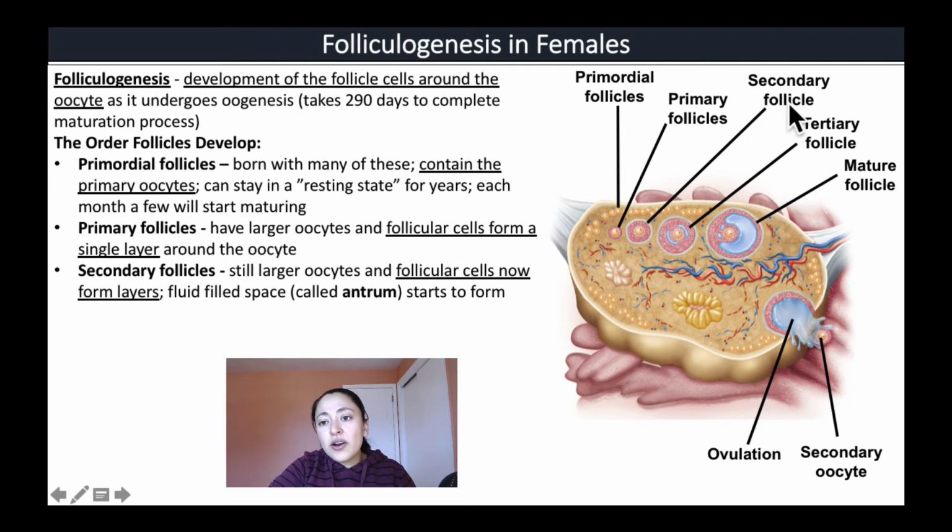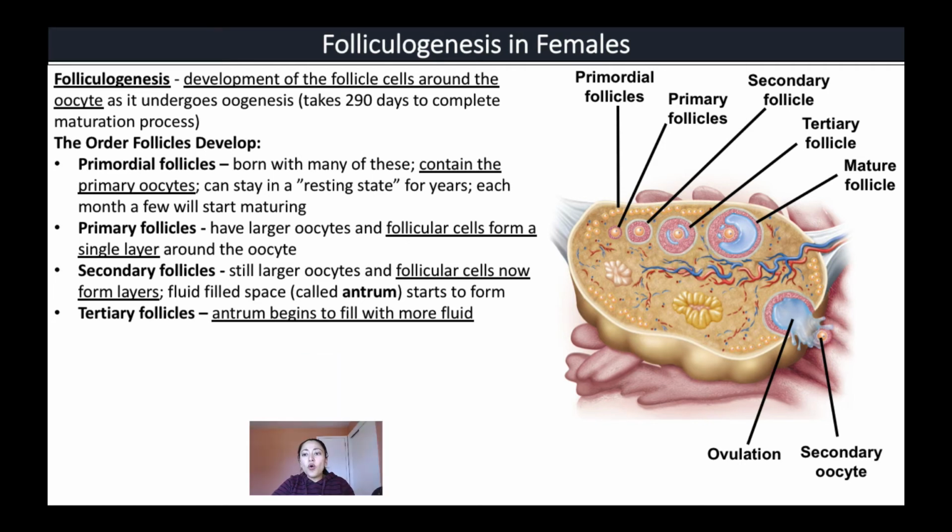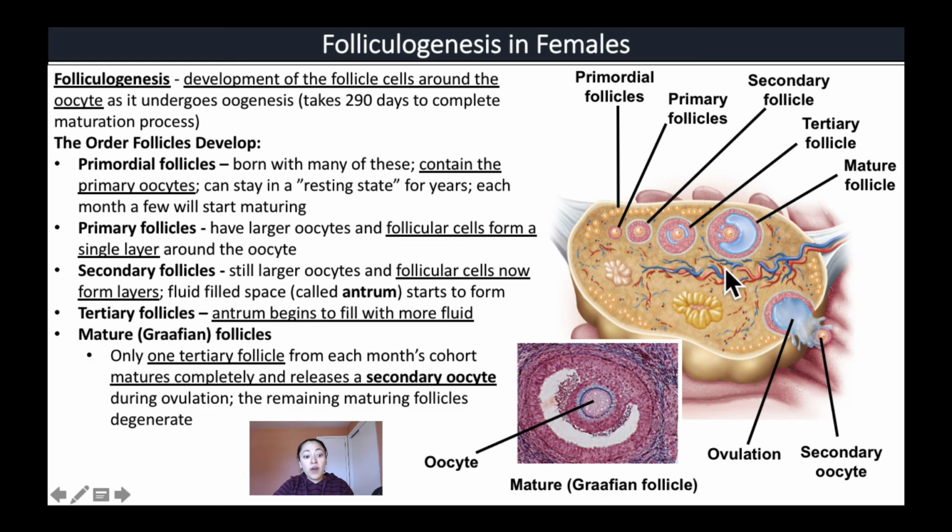The secondary follicle then becomes a tertiary follicle, and you can see the antrum starts to get bigger and fill with more fluid. Also, the layers of the follicle cells start to become more and more. Each month, only one of these tertiary follicles will mature and become a mature follicle.